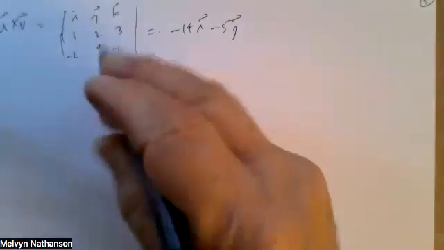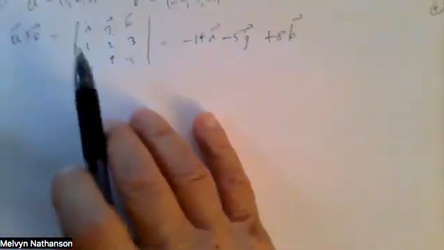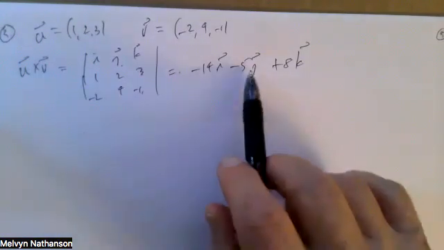And k, I take 4 minus 4 plus 8k. So if this is correct, this vector, u cross v, is orthogonal to these two.